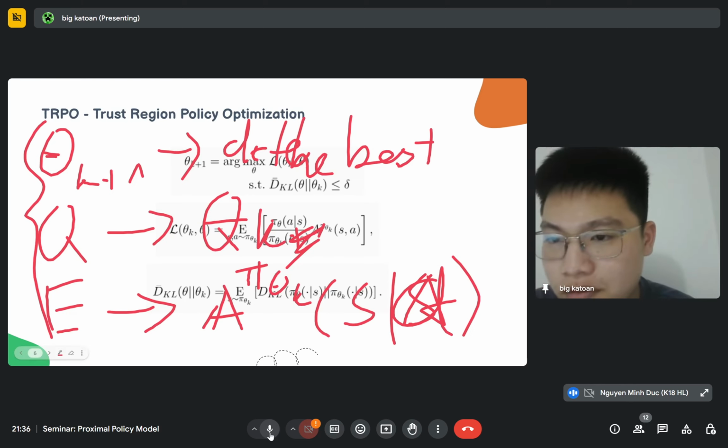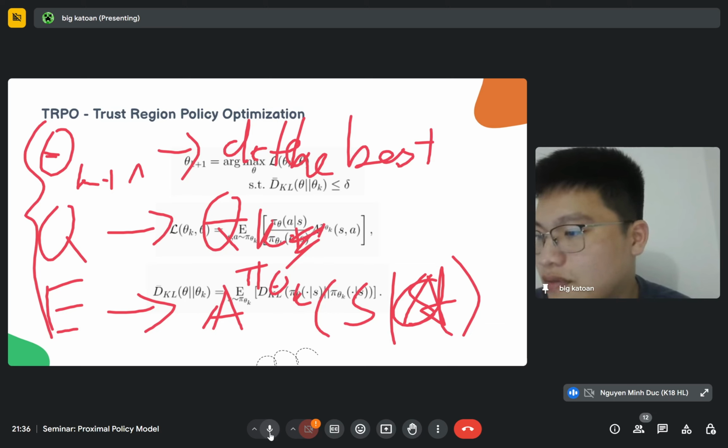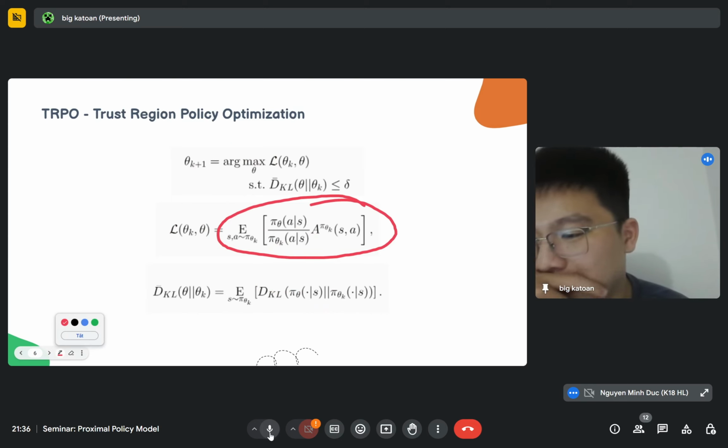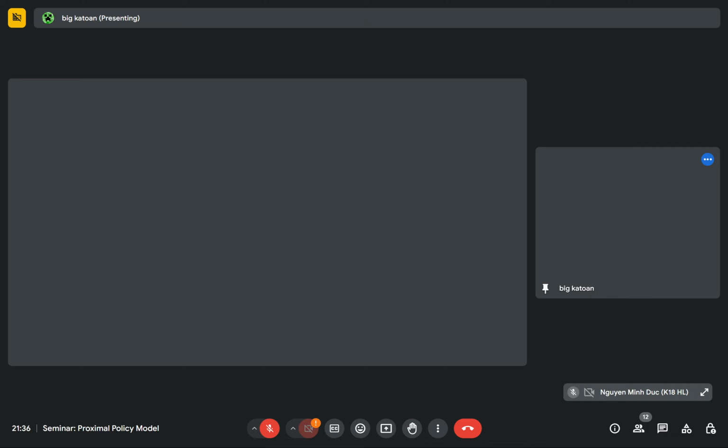And then we use the expected model to update the theta model, and the theta k plus one will choose the best of all time steps. Yes, okay, I got it.